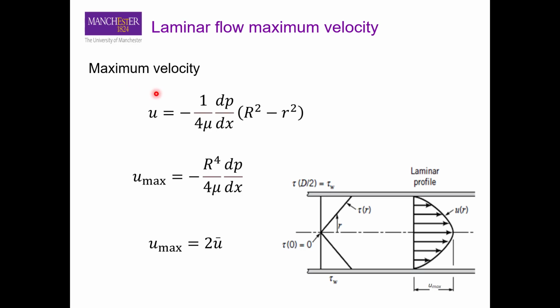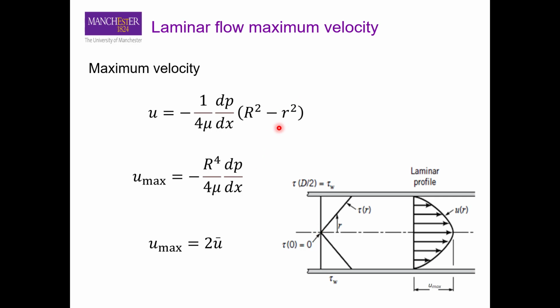Because there is also a maximum velocity, and the maximum velocity is at the center of this channel, where the friction effects are the least, or the wall effect on the velocity of this central layer is negligible. We know the equation of u from this equation, and at the center this lowercase r value becomes 0 because that's the center.